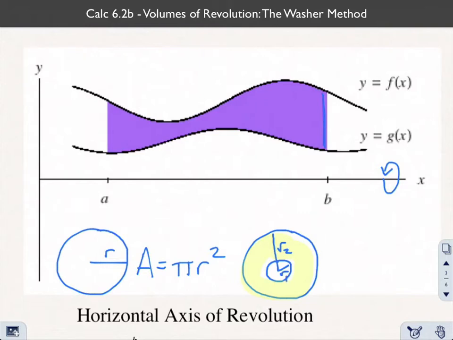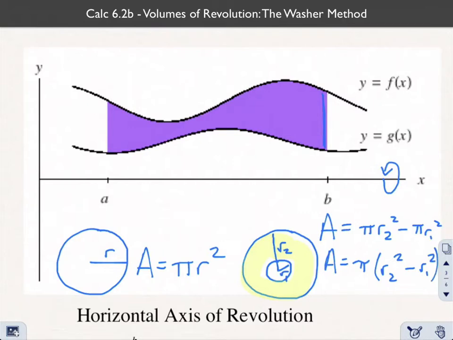To find just that highlighted area, we would do pi times r sub 2 squared minus pi times r sub 1 squared. It turns out that we can factor out our pi: pi times r sub 2 squared minus r sub 1 squared.